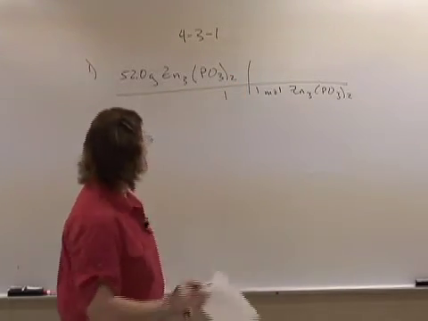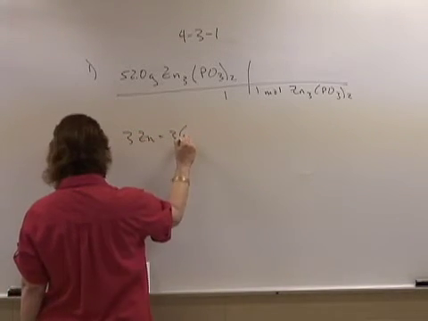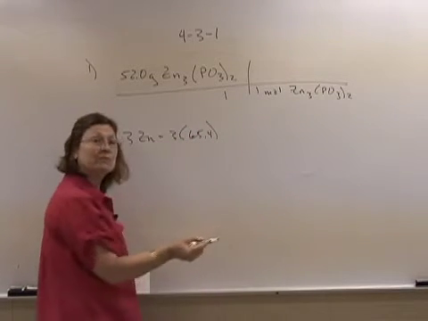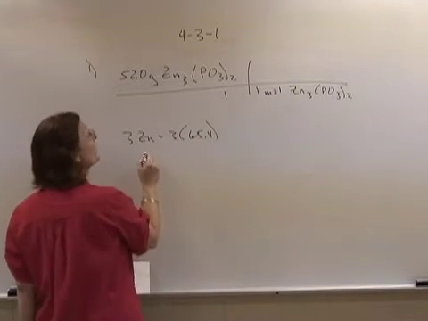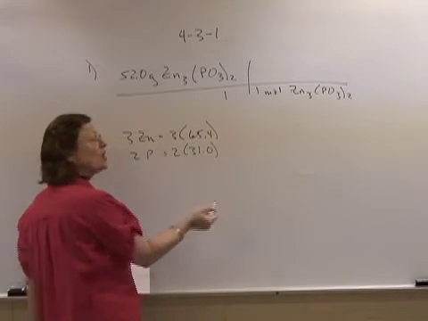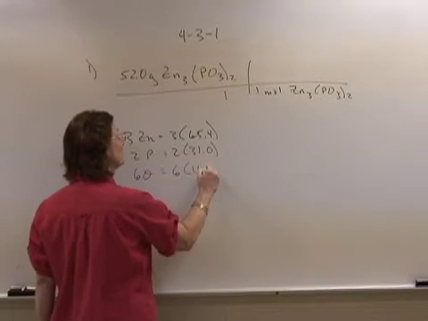On this we have 3 zincs, and each zinc has a mass of 65.4 AMU from the periodic chart. We have 2 phosphorus, which is 2 times 31.0. We have 6 oxygens, which is 6 times 16.0.